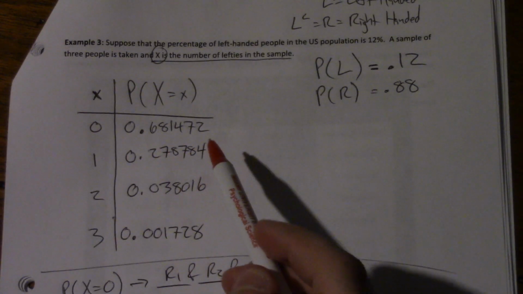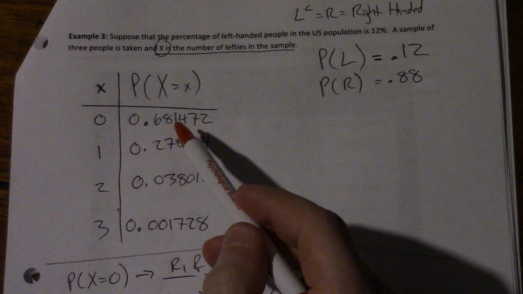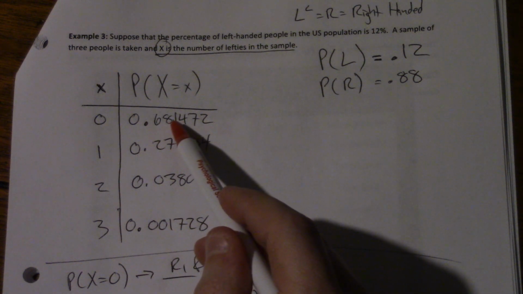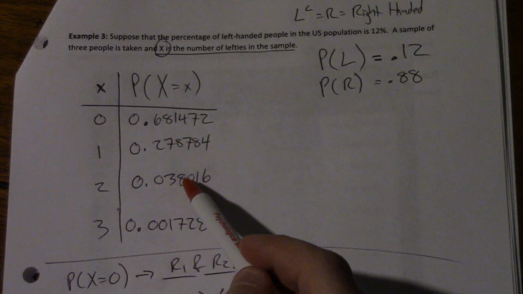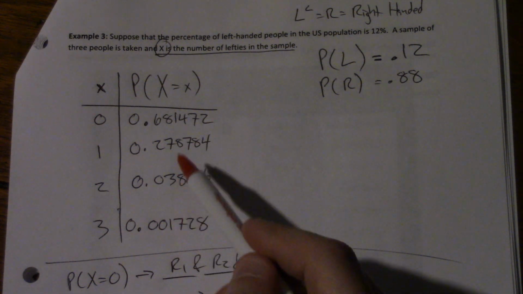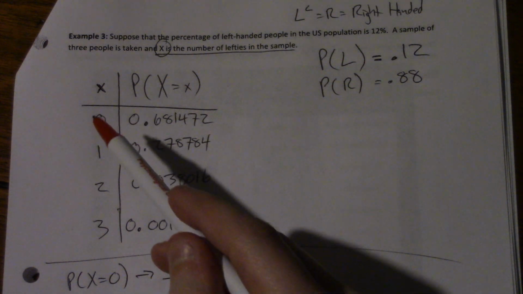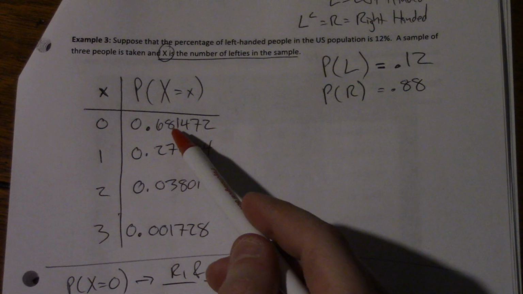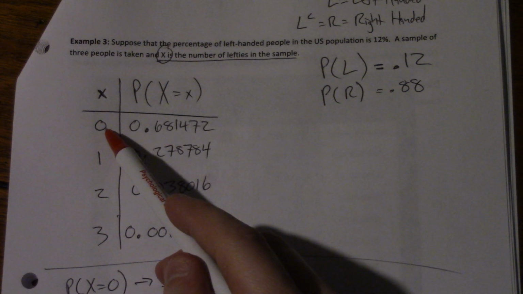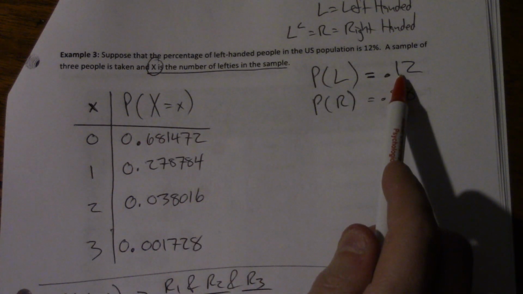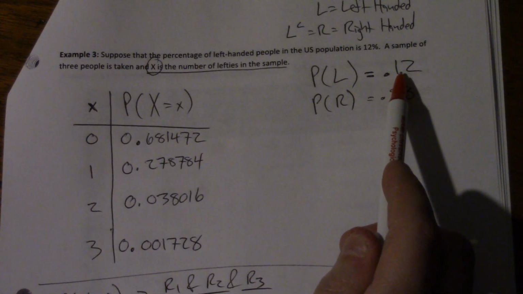Okay. So again, we can take a moment to look at our probabilities and see if they make some sense. So we notice that there's a trend here. The probabilities start off pretty big. This is like 68%, 27%, 4%, less than 1%. So we're decreasing as x gets bigger. So does that make sense? And it does. What x represents is how many left-handed people do we have? Well, only 12% of people are left-handed. So we shouldn't see many left-handed people in our group.